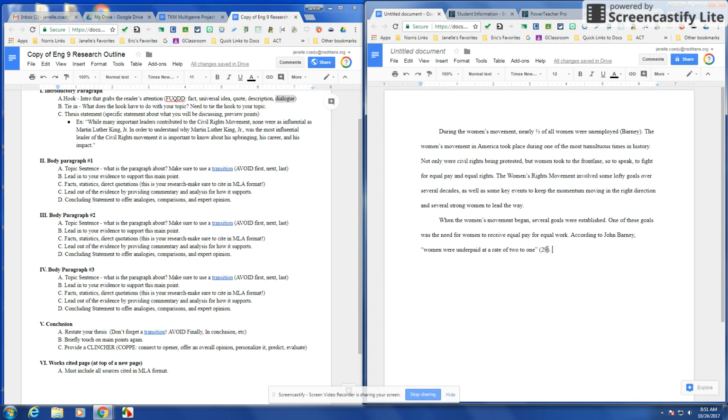Then you need to lead out of this quote. This proves that equal pay was a problem needing to be addressed. Okay, and then you lead into your next goal and the timeline. Okay, by 10 years later, women had to address another problem.